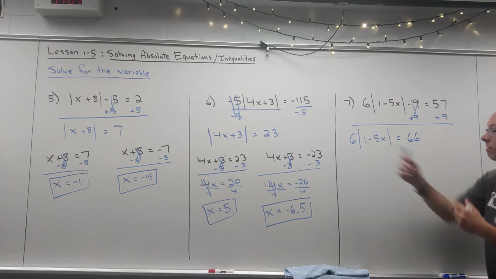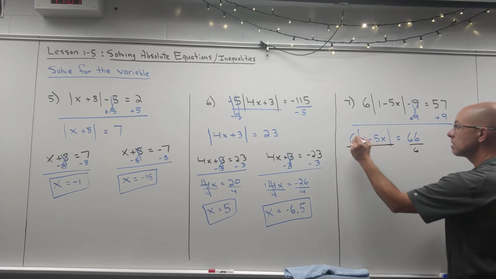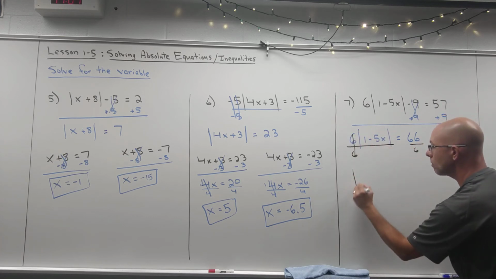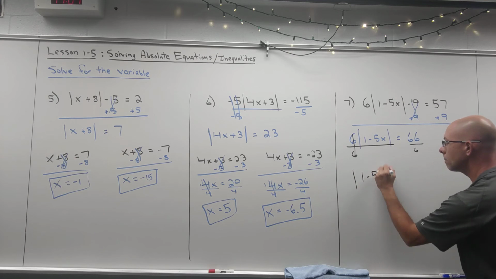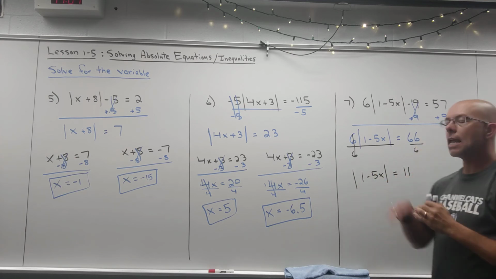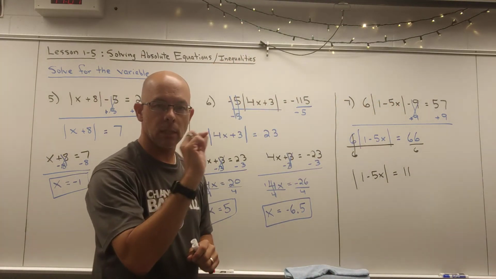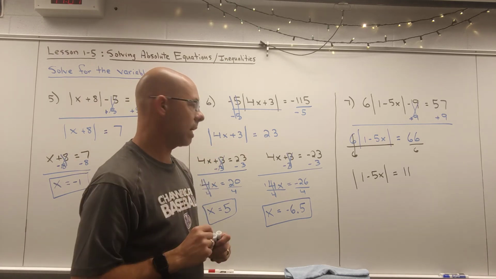Okay? Divide both sides by 6. 6 divided by 6 is 1, so we have one of these things now. And 66 divided by 6 is 11. Now we're ready to split the question, and the number in question is 11. 11 versus negative 11.